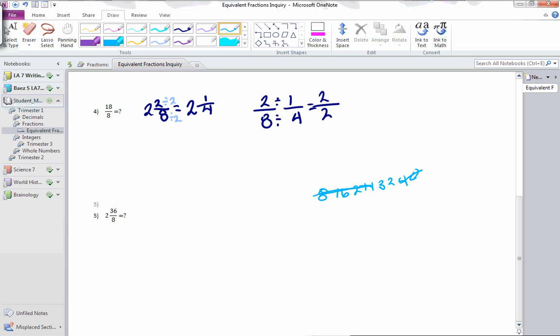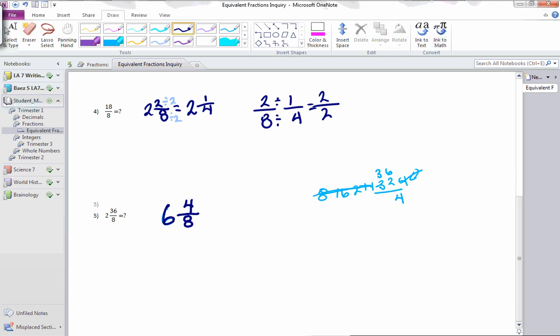So that would be times 4. And then you do 2 plus 4, because there's already a 2, so that would be 6, and 36 minus 32 is 4. So it'd be 6 and 4 eighths.